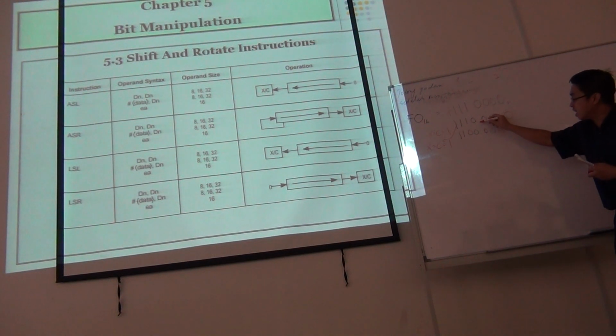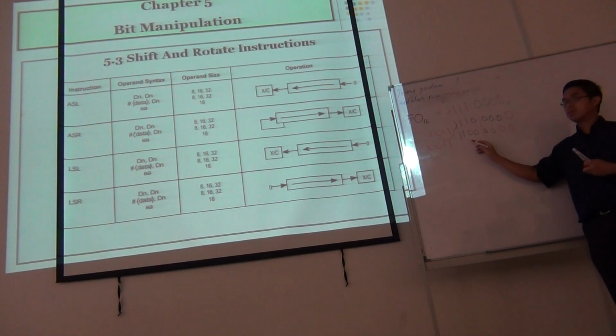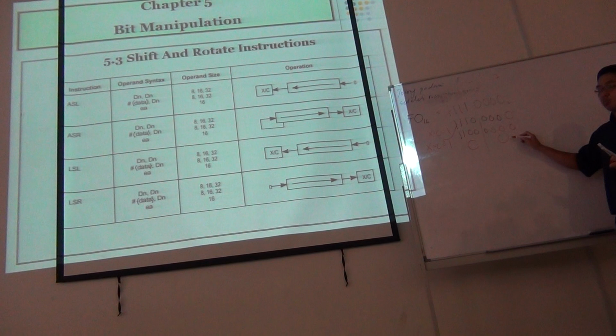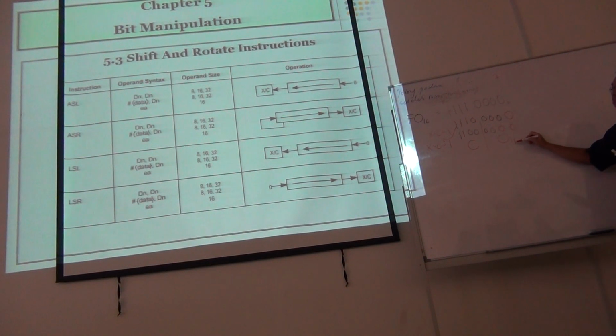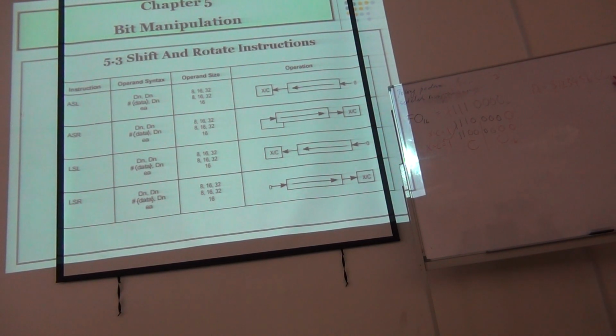You just want to know the answer. This is C, this is 0, which is 16. And the final answer for D0 is $12345 6C0.